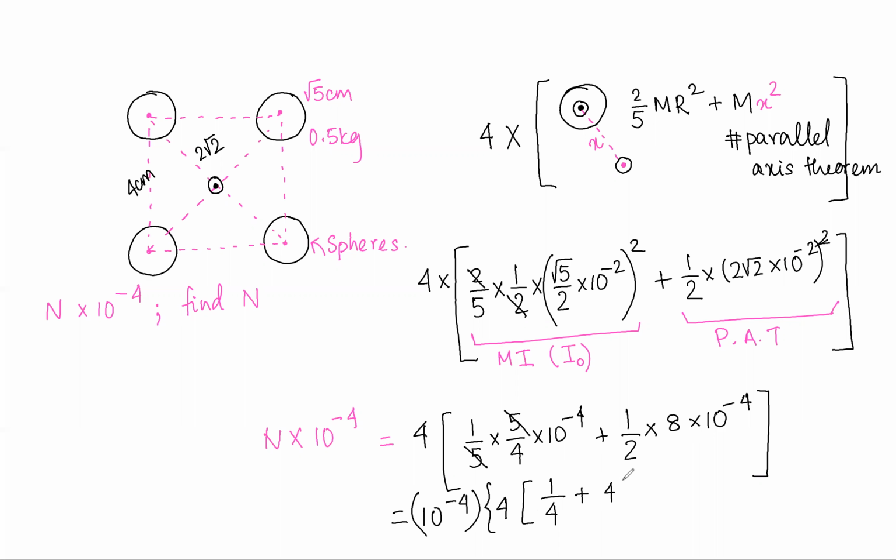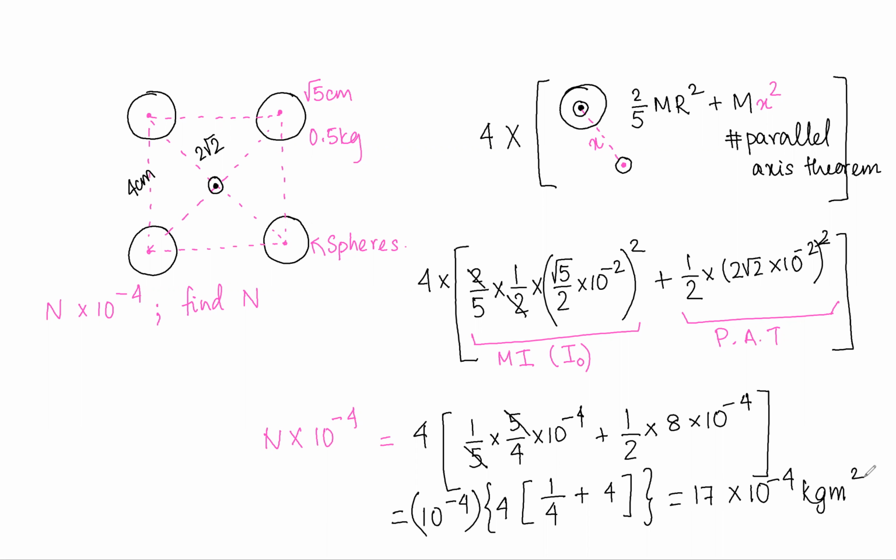It's just 4, right? And now you multiply 4 with this. So 4 into 1 by 4 is 1. 4 into 4 is 16. 16 plus 1 is 17. So your answer is 17 into 10 to the power minus 4 kg meter square. So our answer is n is equal to 17. Given what I have calculated, my answer comes out to be 17.